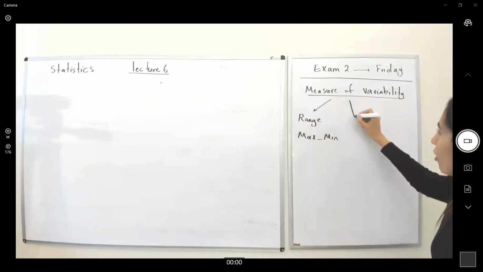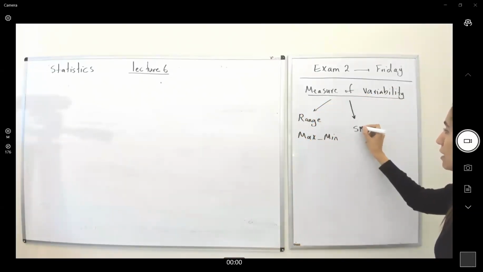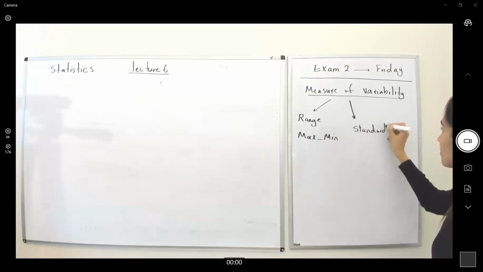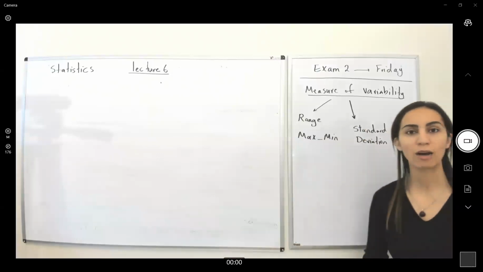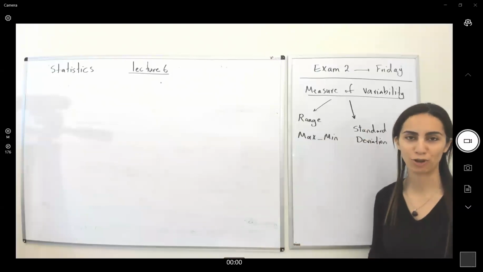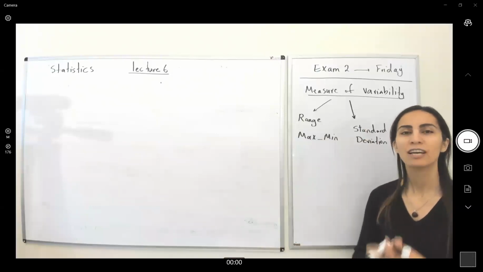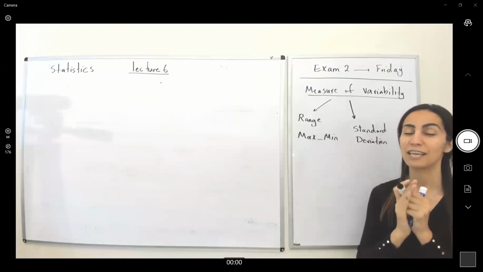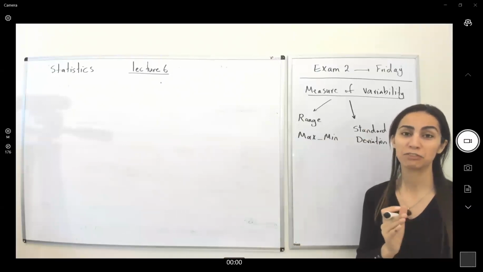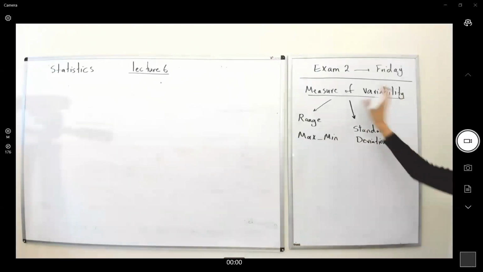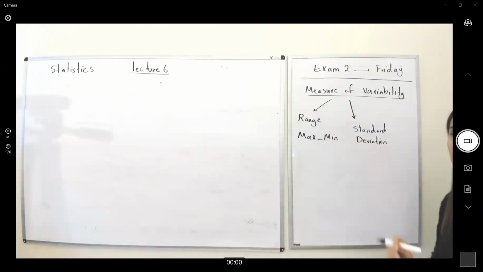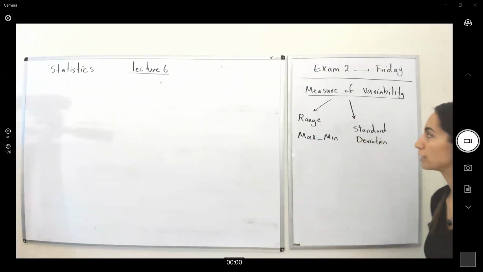Next, we can find standard deviation, which counts every member in your collection and actually find the average distance between each data and the mean. Very well, so range is easy, maximum minus minimum. To find standard deviation, we're going to use a calculator.